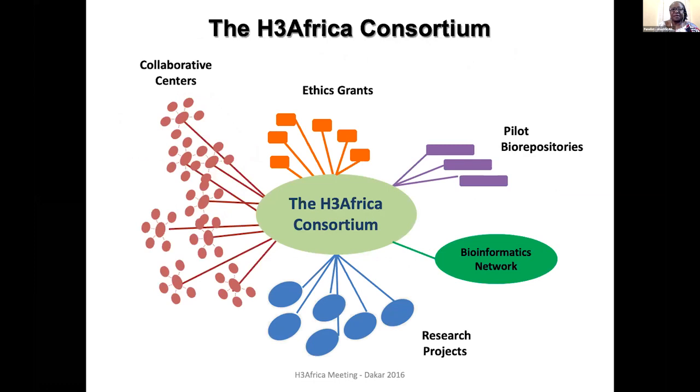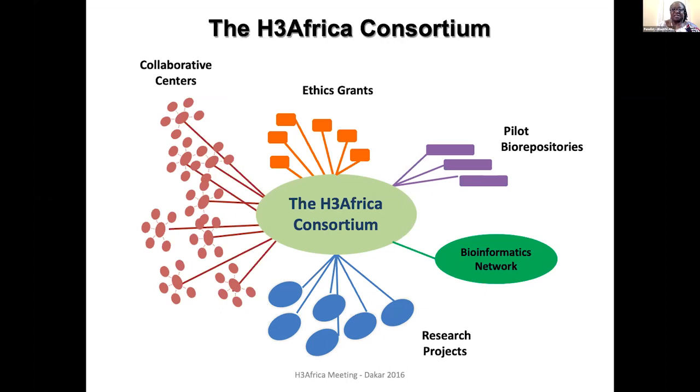So just to point out that the H3Africa Consortium research activities is really anchored by a number of collaborative centers that bring a number of African scientists from all over the globe with their counterparts in Europe and in the US to work together. In addition, there are also individual research projects, and what I'll be sharing with you today is one of those research projects which I have anchored.